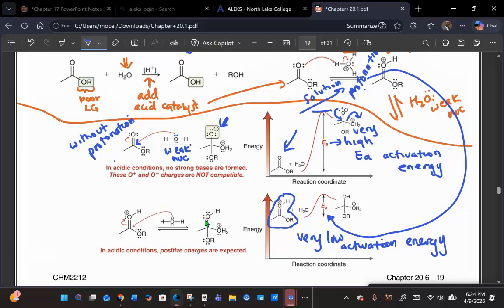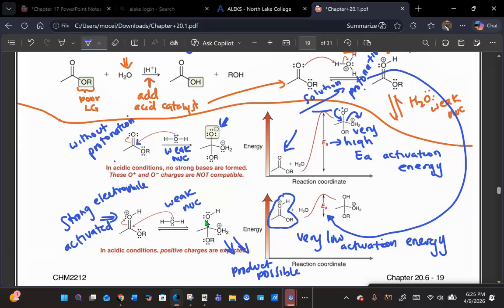So you're going to form product in this case. Definitely, you're going to form your tetrahedral intermediate and you're going to go towards forming your product easier. And now, like I told you, your weak nucleophile is now very happy to attack the activated carbonyl. When a carbonyl is protonated, we say it's activated.